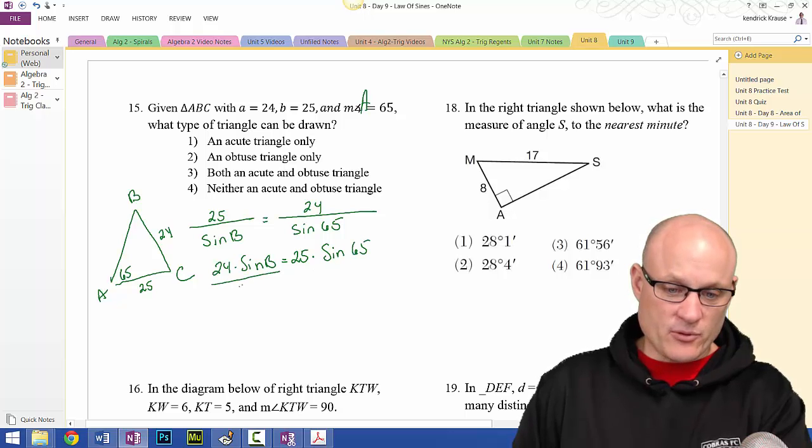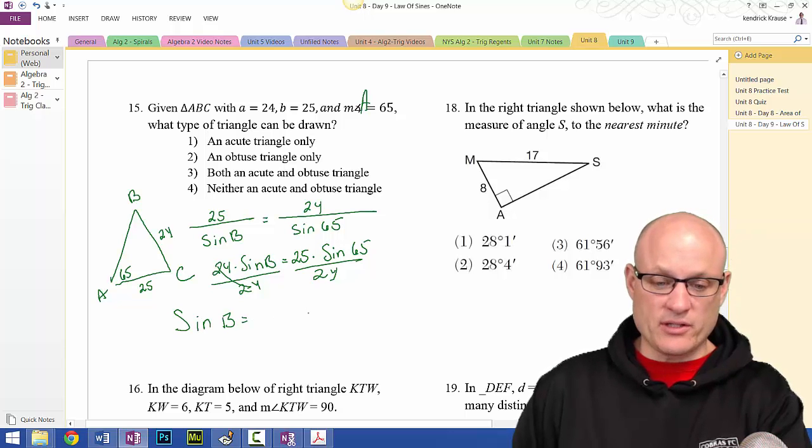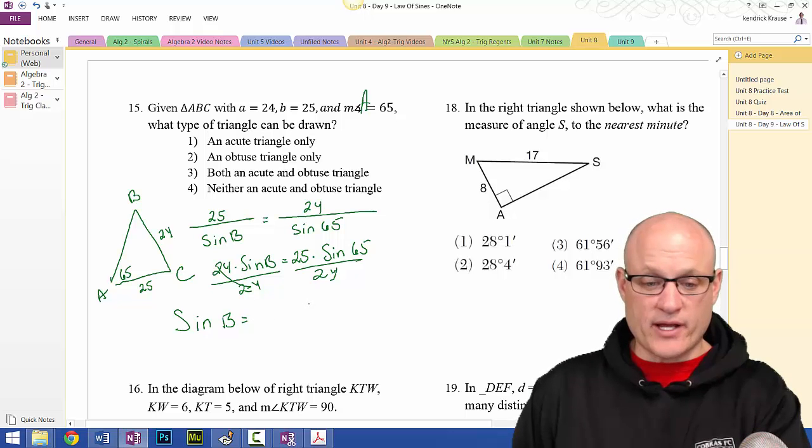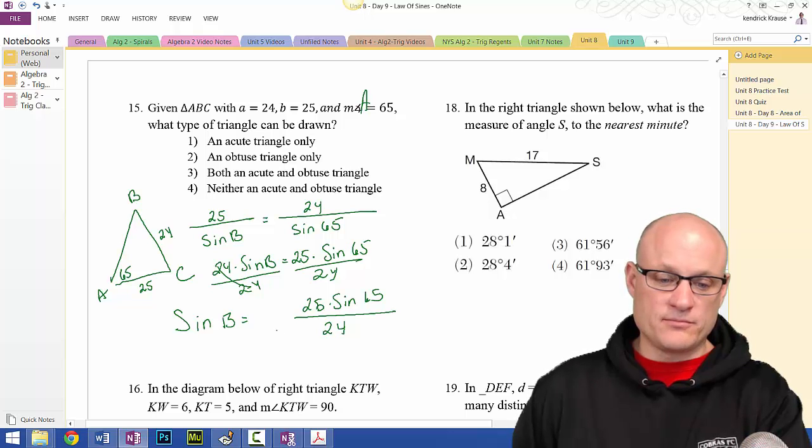Divide by 24, divide by 24, and I get sine of B is equal to, now I'll leave a little space because I know I'm going to be looking for an angle, and the only way to find an angle is to use inverse trig functions. Uh-oh, running out of memory on this thing. Divided by 24. So I'm going to bring this sine over, make it -1.